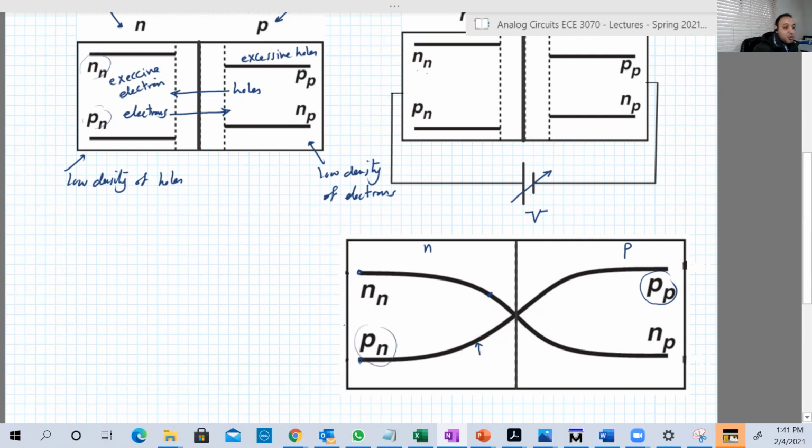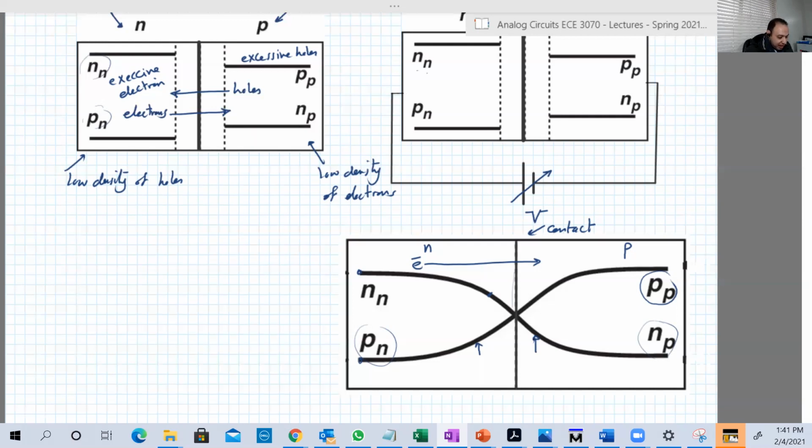So the distribution of holes in the N side has increased a little bit near the junction, near the contact. Same for the electrons. Electrons move from N to P, so the minority carriers in the P type have now increased a little bit near the junction or near the contact.